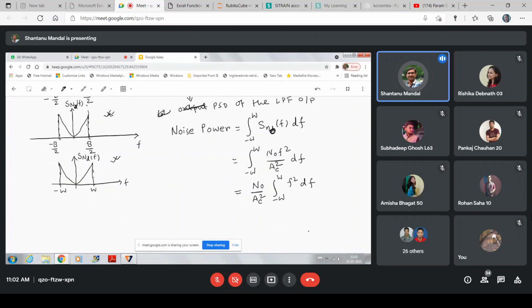You can calculate this value, and it is equal to 2 N0 W cube by 3 AC square. So this is the output noise power.